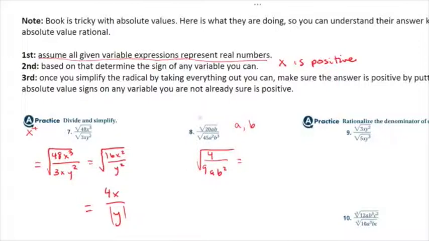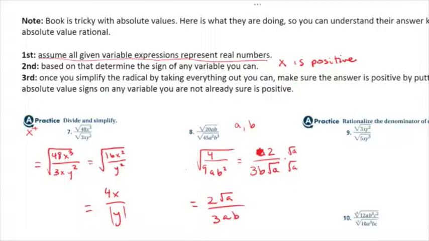And again, you could rationalize first, but I'm going to square root what I could. I'll have 2. The square root of 9 is 3b, and I'd have a square root of a. And then I need to rationalize by multiplying by the square root of a. So then I would have 2 root a over 3ab.